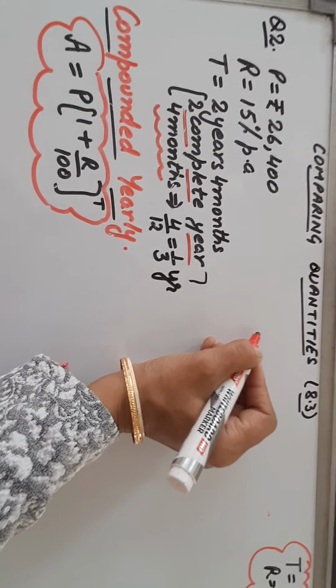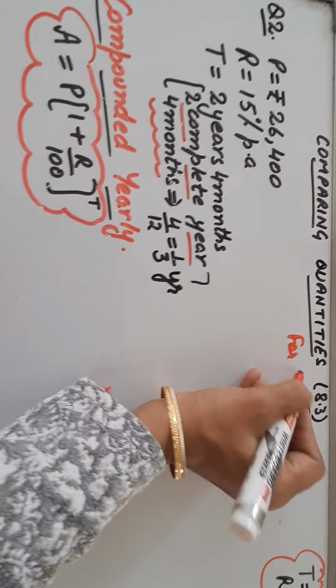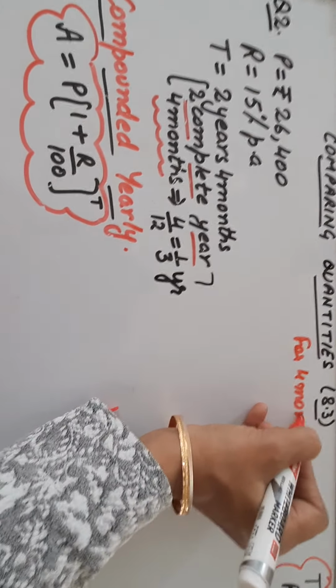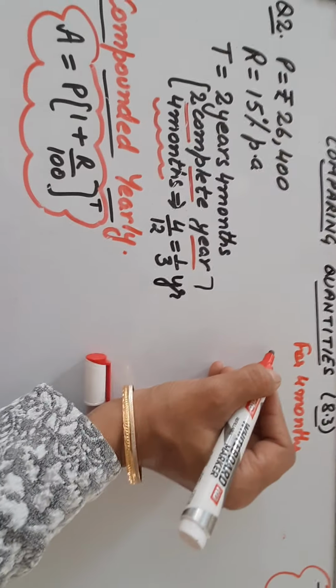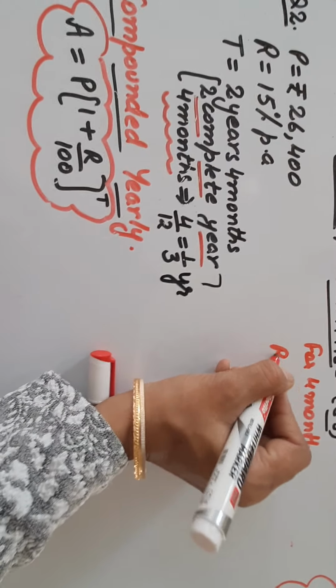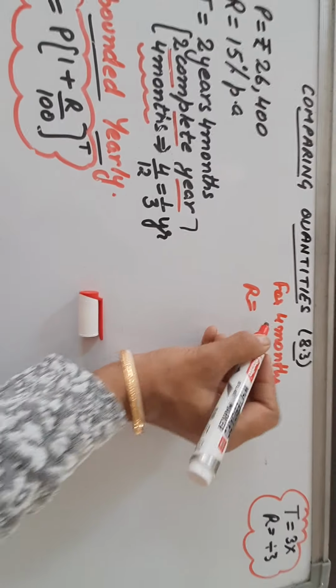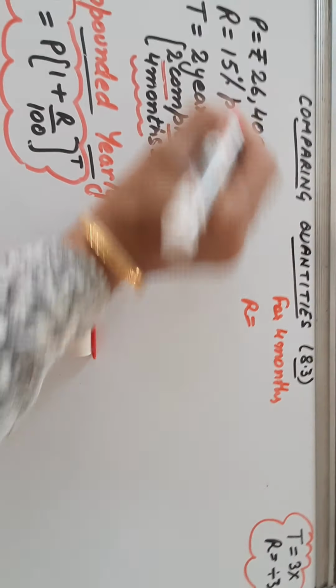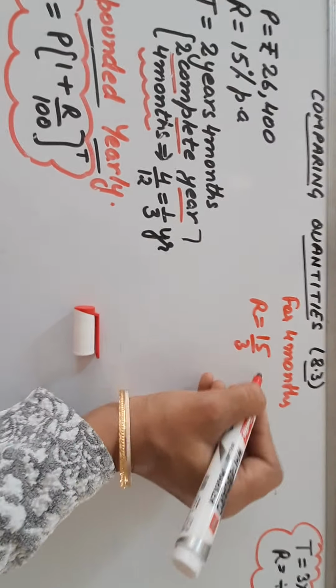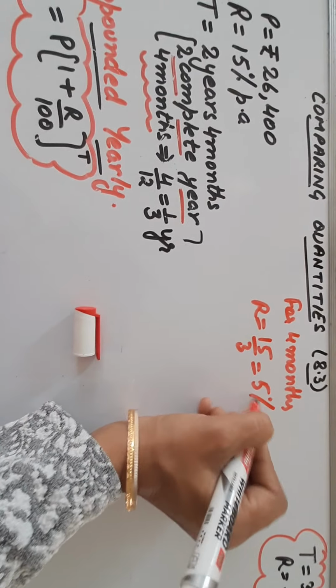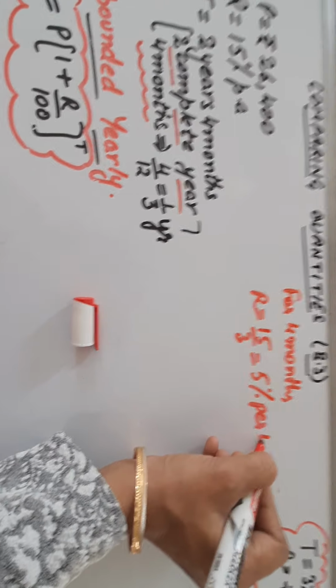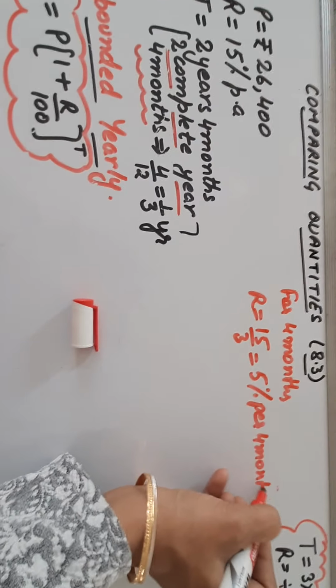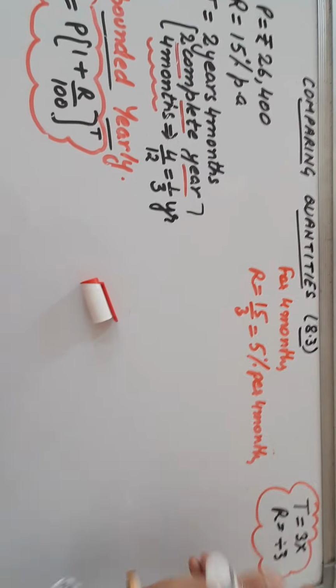So for 4 months, the rate will be divided by 3, means 15 divided by 3, that means 5% per 4 months, right? And time will be divided by 3.